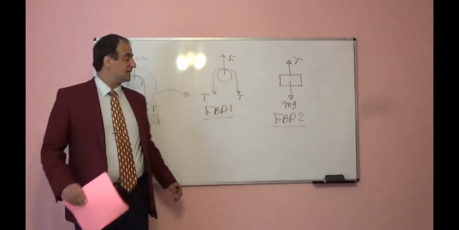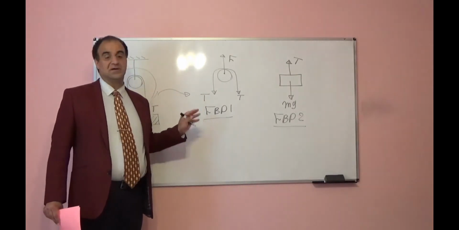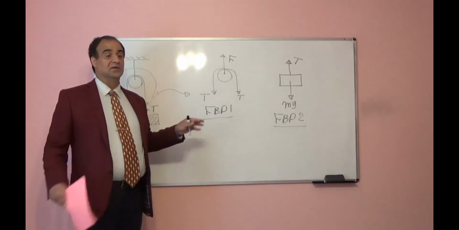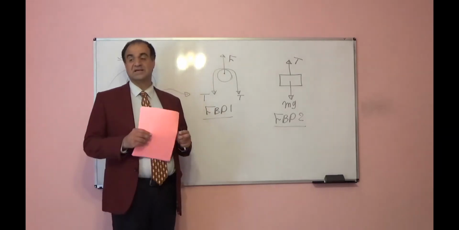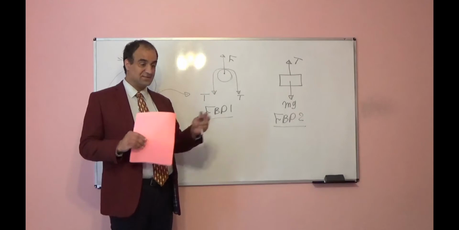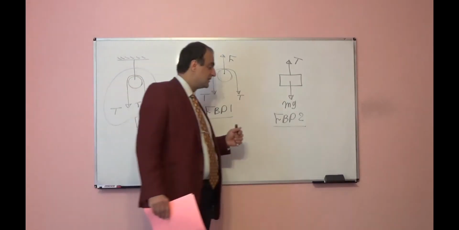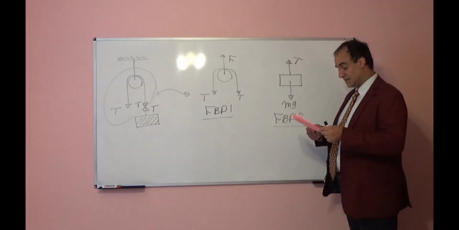We should know how to draw the free body diagram because it will make our calculation easier. Using the free body diagram, we can simplify a very complex system to a simple system, and we can look at what is going on, and it will be easy to understand the concept.